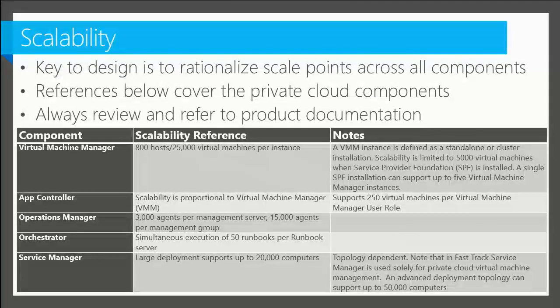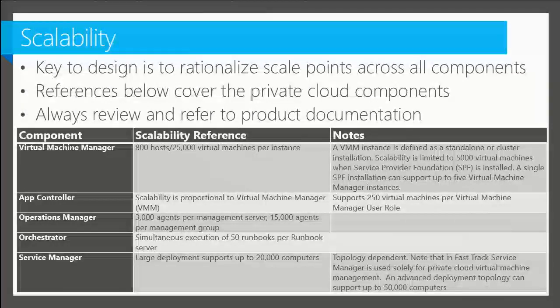Yeah, that one is important because if anybody is from a hosting provider who's looking at doing Service Provider Foundation, there are some differences in the guidance around that particular scenario. For enterprise customers where you're doing a deployment of VMM for your whole enterprise, the top number applies. For Service Provider Foundation, the lower number applies.